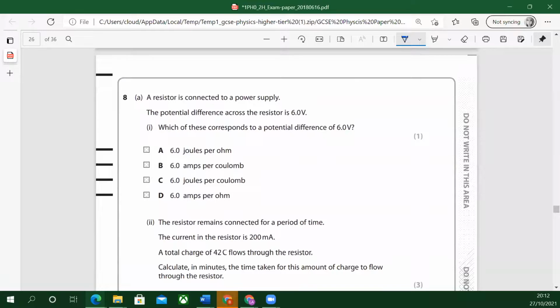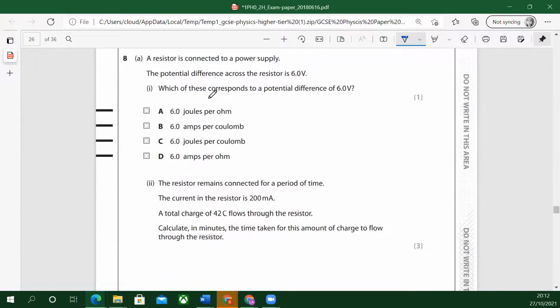Electrical things, have we talked about that yet? A resistor is connected to a power supply. The potential difference across the resistor is 6 volts. Which of these corresponds to a potential difference of 6 volts? It's asking what the units of the volt really are here.